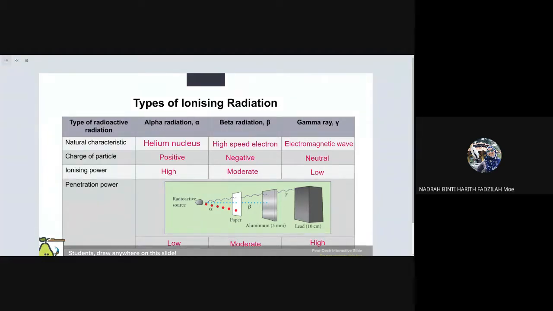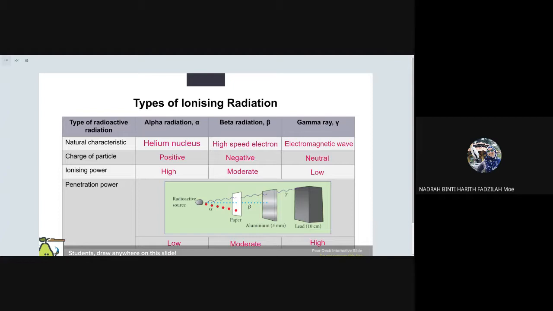However, since it is lighter compared to alpha or beta radiation, the penetration of gamma ray is higher, and as shown in the diagram over there, it requires a very thick material, lead as thick as 10 cm, to stop the gamma ray radiation.